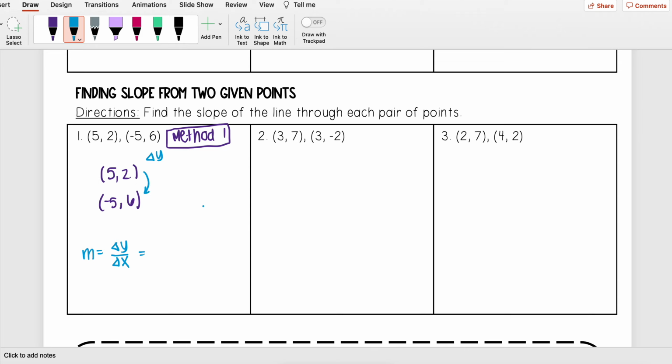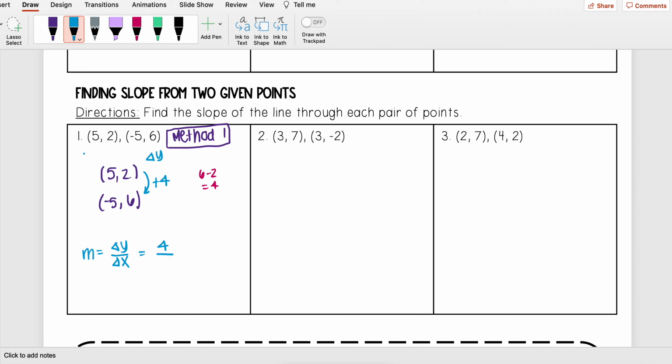What do I need to add? Well, to get from 2 to 6, I need to add 4, because 2 plus 4 gets me 6. If you can't see that, one way you can do it is just take the second number 6 and subtract 2. So 6 minus 2 is equal to 4. So that means on top I have 4, because that's my change in y.